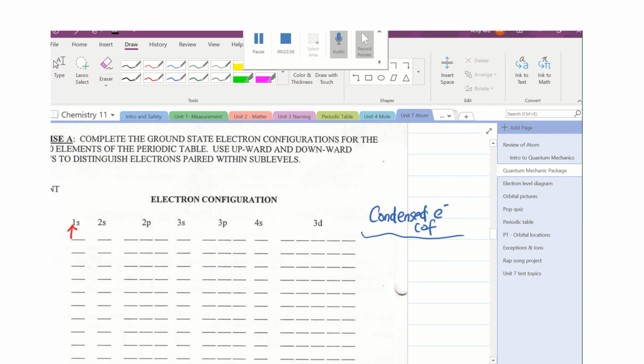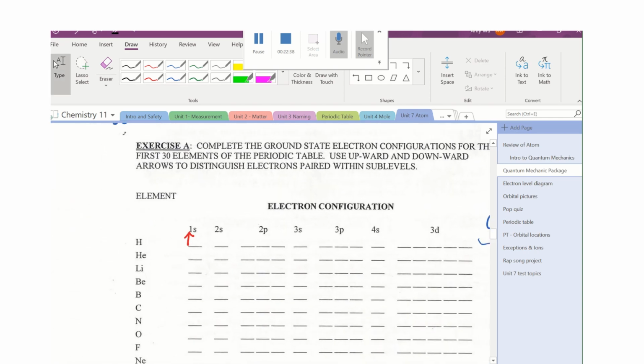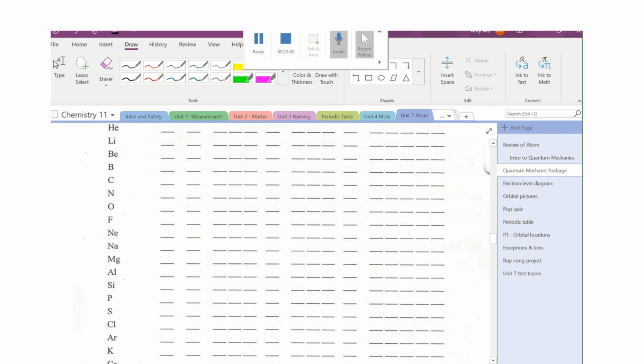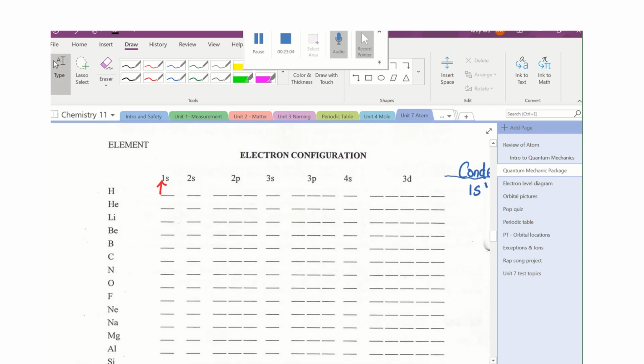So for example, hydrogen is basically 1s1. Okay, the line gets too long. Electron configuration. I can't spell today. Configuration. Okay, so for hydrogen, I want you to just write down 1s1. Okay, maybe I should do one more just in case some people are confused.